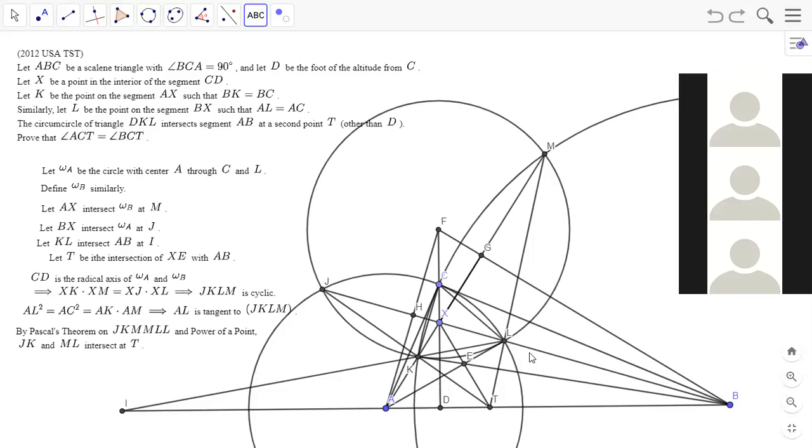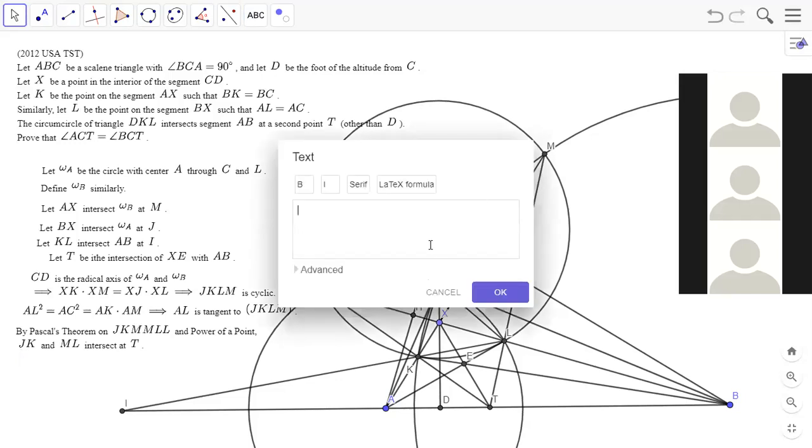Yes, because A lies on the polar of X, like JL is the polar of A. So A lies on the polar of X, and similarly B lies on the polar of X. Then AB is the polar of X. So JL is the polar of A, and KM is the polar of B. And that implies that AB is the polar of X.